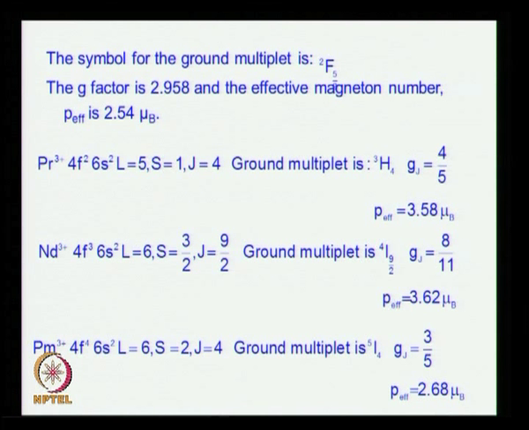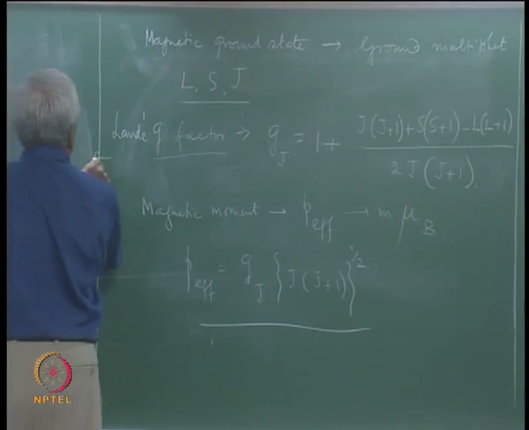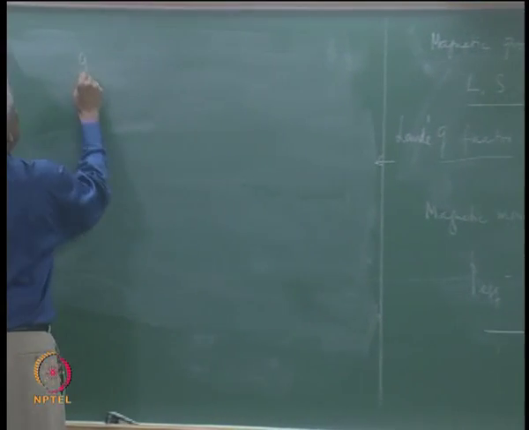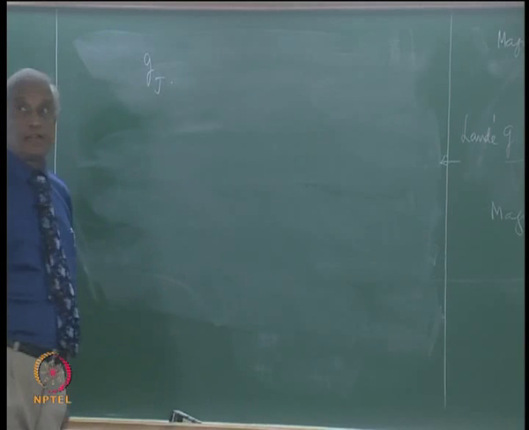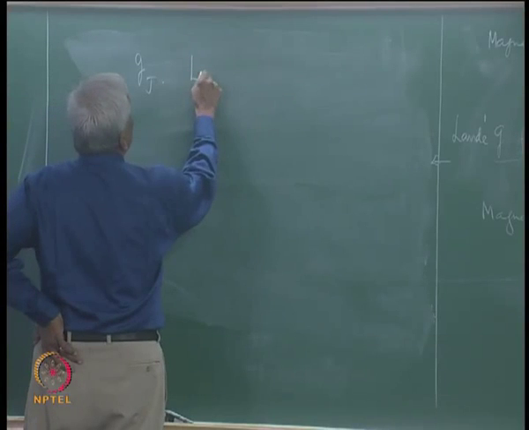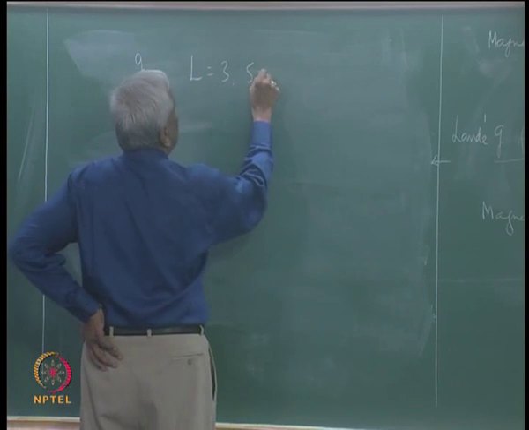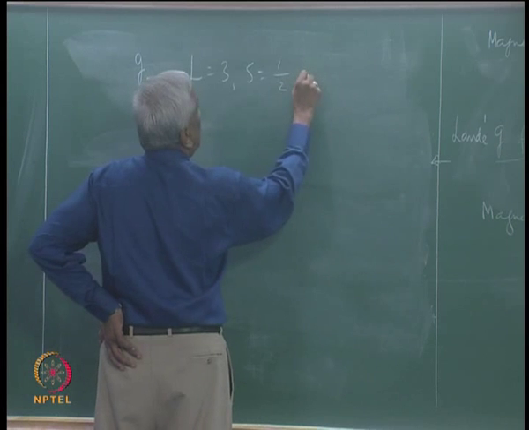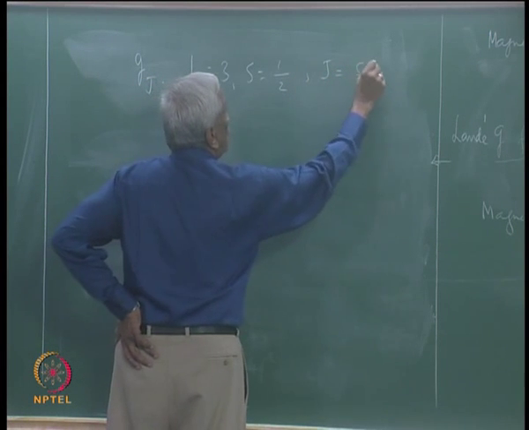This is the first member in the rare earth group with an unpaired electron. Having found the ground multiplet, we use the expression for the Landé G factor to find Gj, the G factor corresponding to this multiplet. So, this has L equal to 3, S equal to half, and J is 5 by 2.